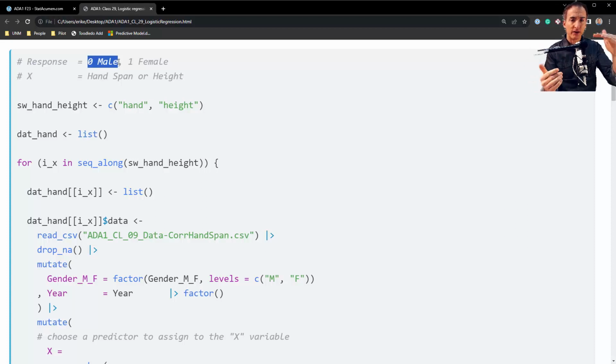These are just labels to indicate a 1 or a 0 on the response scale for the Bernoulli. These are based on Bernoulli trials. Bernoulli trials are success and failure, like flipping a coin. Do you get a head or a tail? You call the outcome that you are interested in a success, and everything else is a failure, okay? But it doesn't actually mean success and failure, right? Those are just labels.